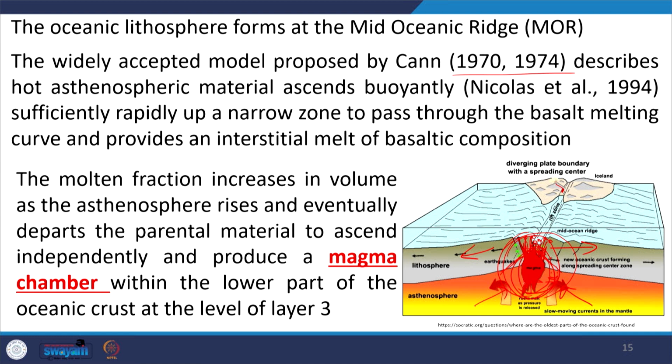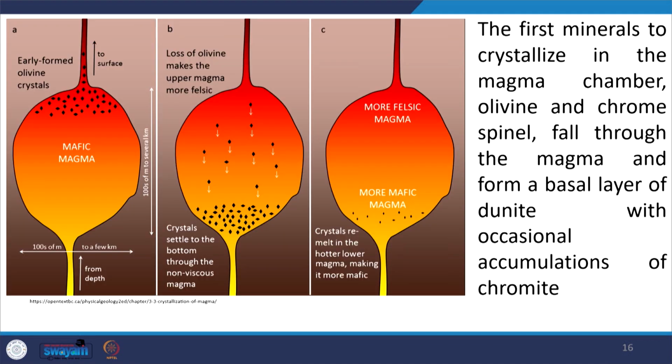So, we are creating a magma chamber here, and this is the schematic diagram of how the system is working. Here we have a magma chamber, and from this magma the mafic part first crystallizes and settles down. Crystals settle to the bottom of this magma chamber through non-viscous magma, because at the initial time the temperature was high, and there was no differentiation or very little differentiation.